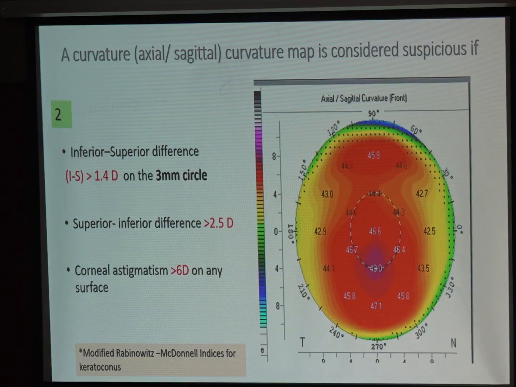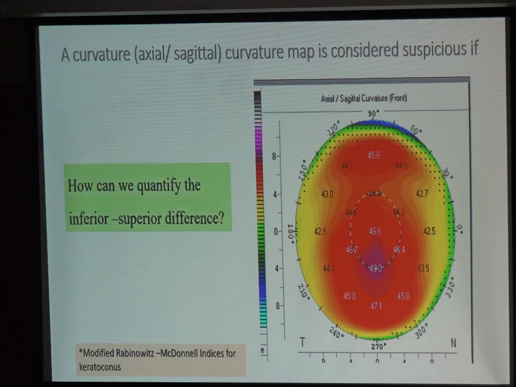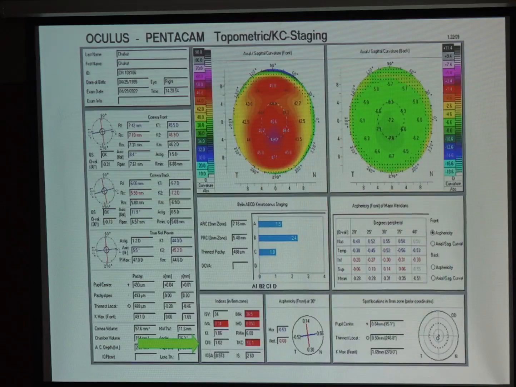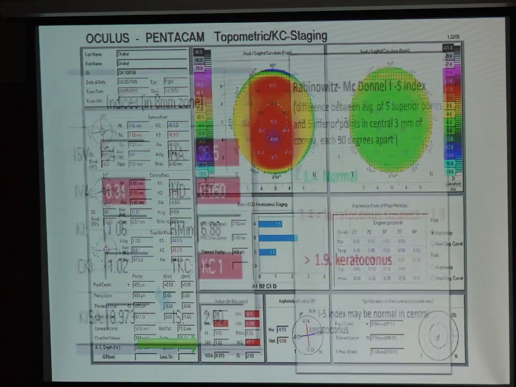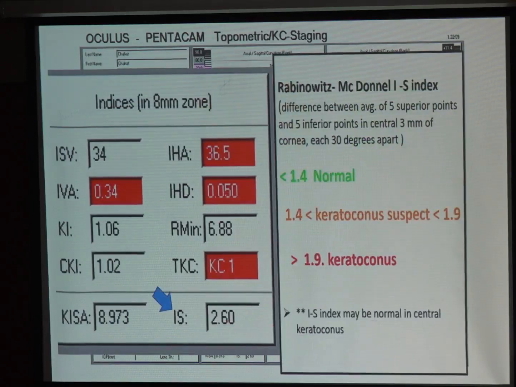So now if I say that it's more than 1.4 on the 3 mm circle, is it just by visual inspection? No. There is a quantitative way in which you can do it. There's another map which is known as the topometric staging, and the green arrow at the bottom shows you this value, the IS. This is the inferior superior asymmetry. The software automatically measures 5 points on the superior 3 mm circle and 5 points on the inferior.